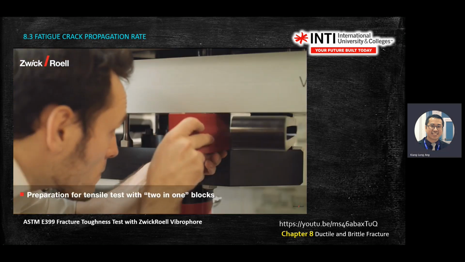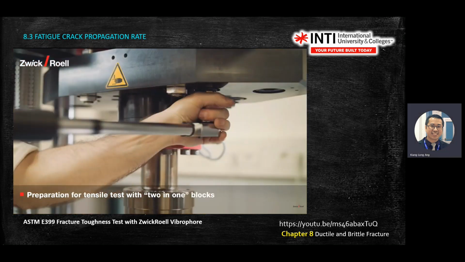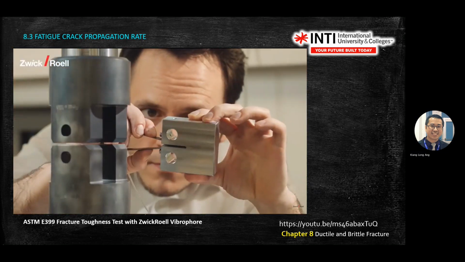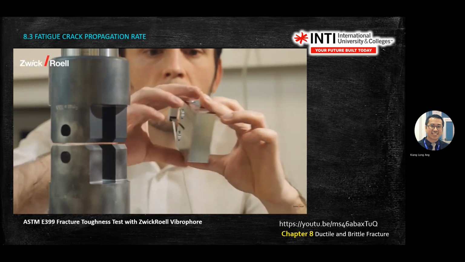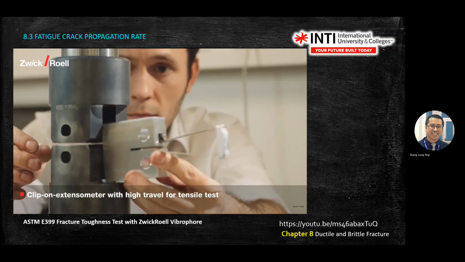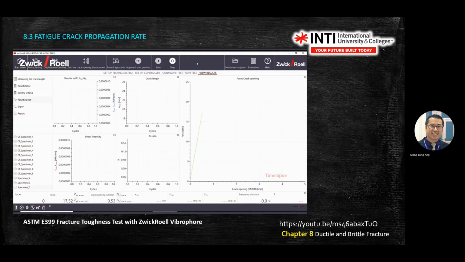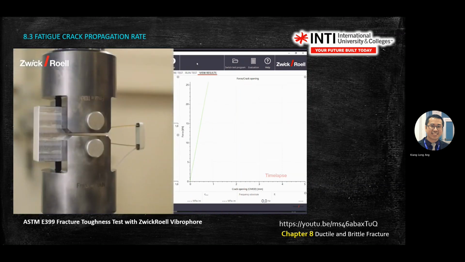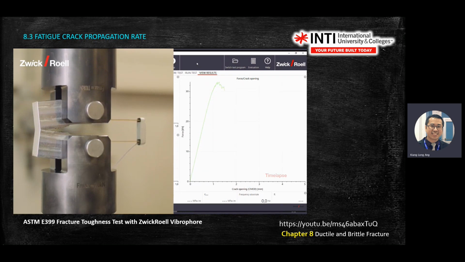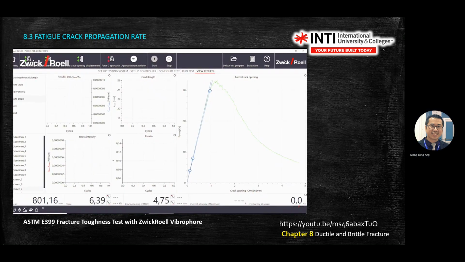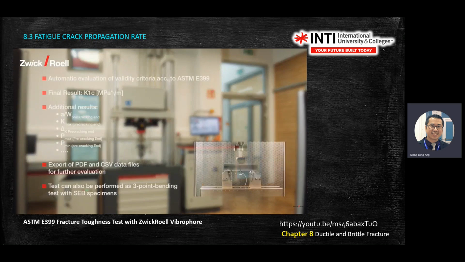They do a small crack there and then start to do the fatigue test. This one already speed up already. So these are the data I'll get from the computer.